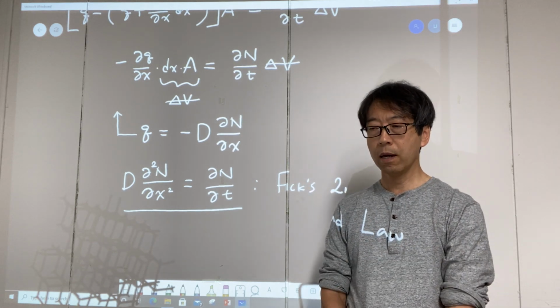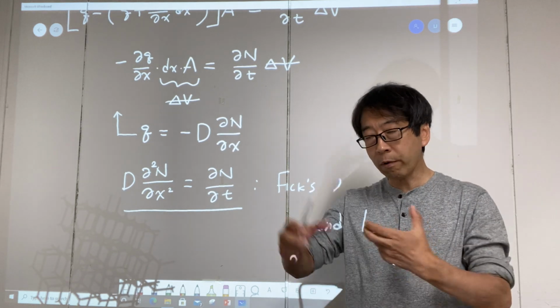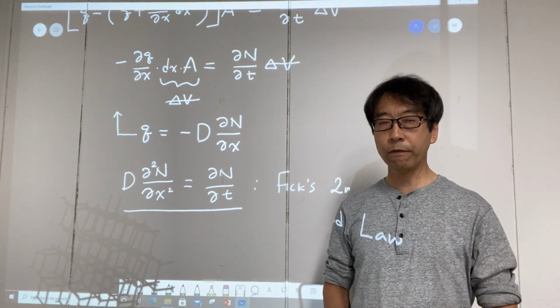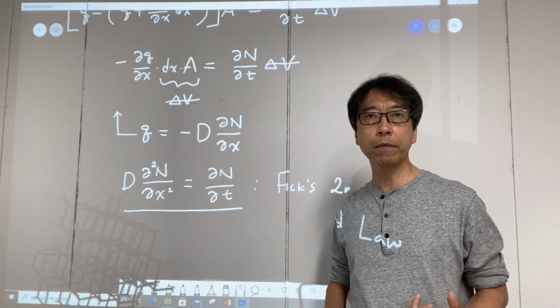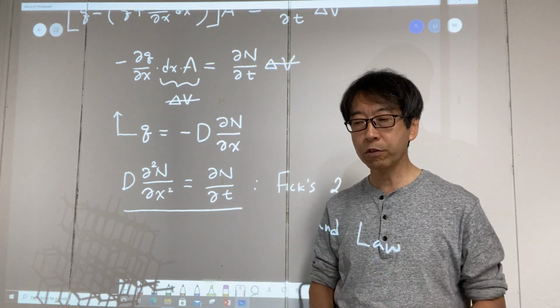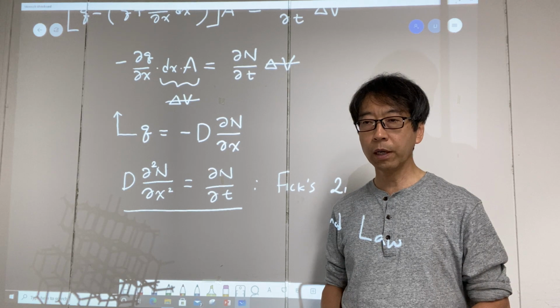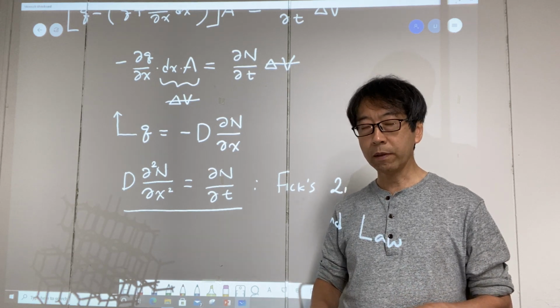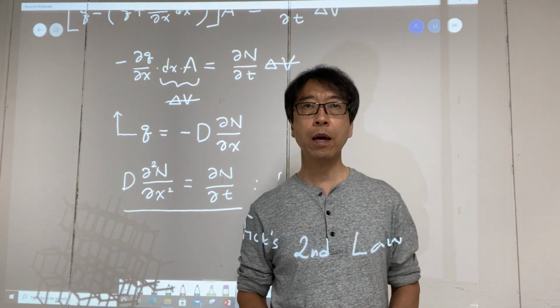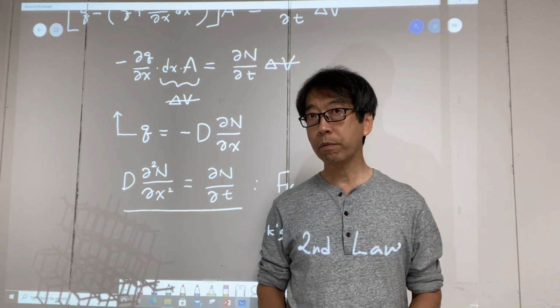In these cases, we just assume that the function is a product of single-variable functions, and then we separate them, and that leads to a very interesting problem, which is called the eigenvalue problem.